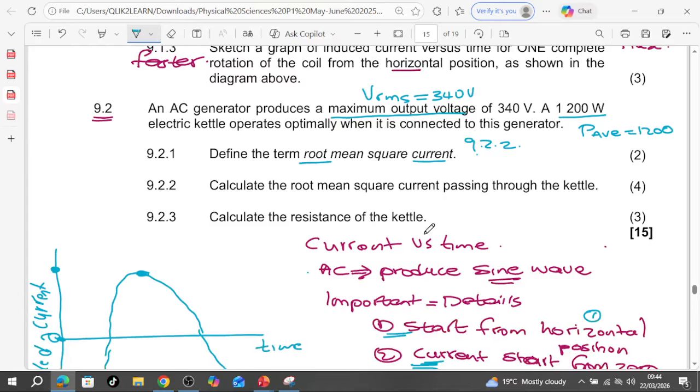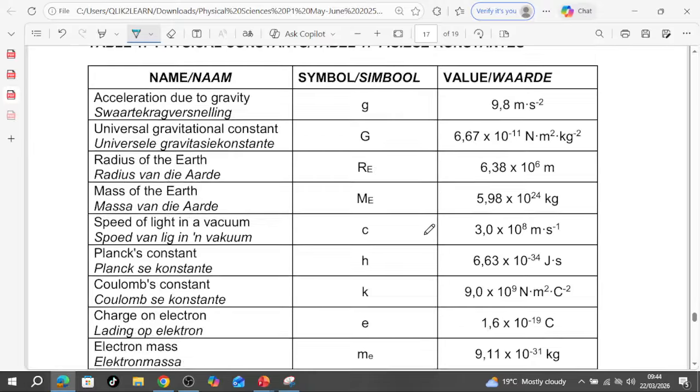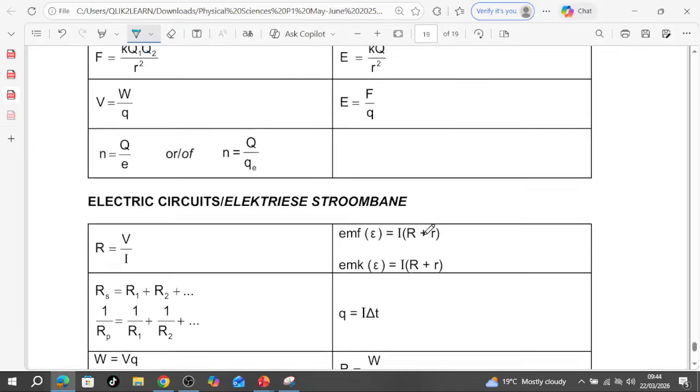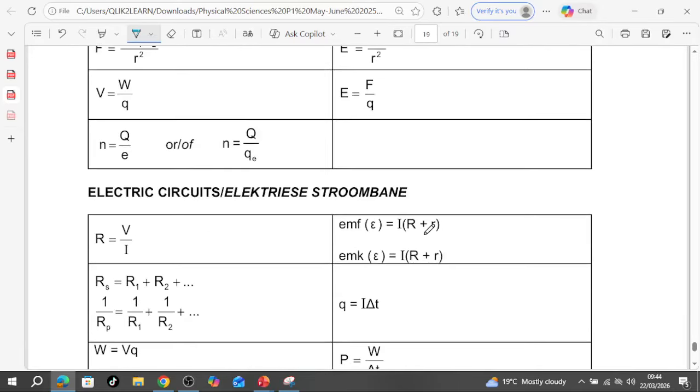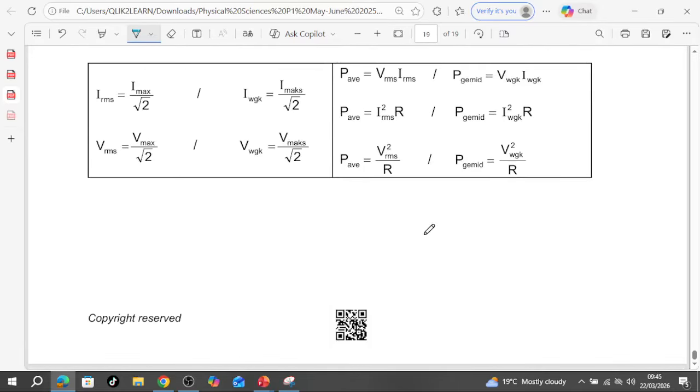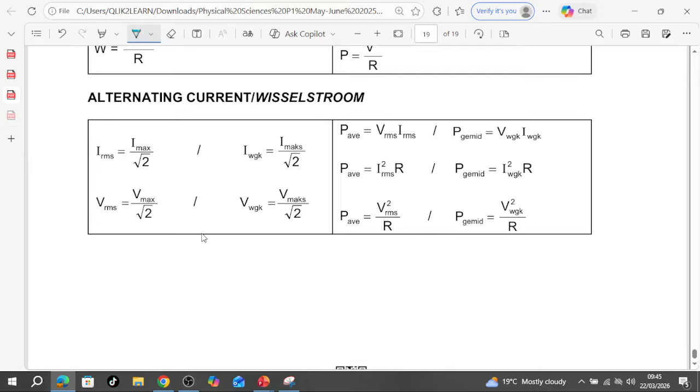Calculate the root mean square current passing through the kettle. So we are looking for IRMS. We need to use the formula that has current.